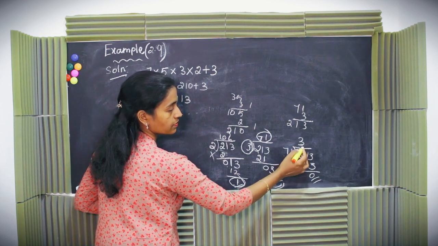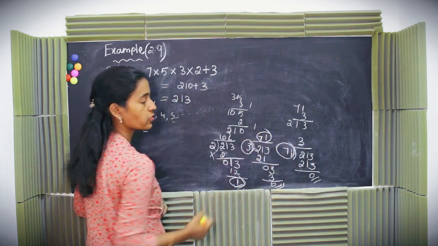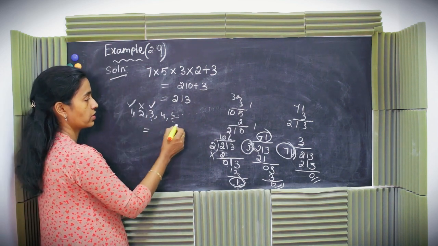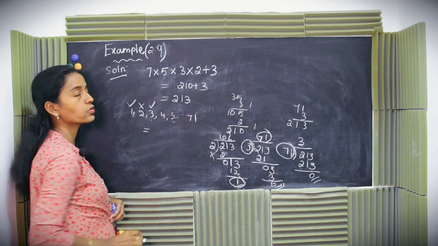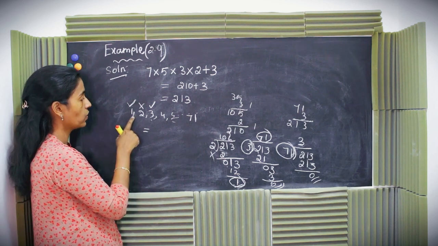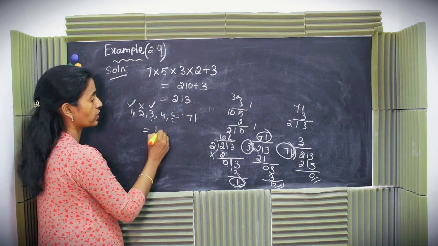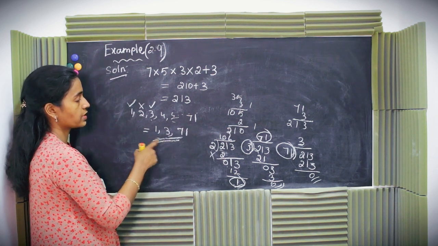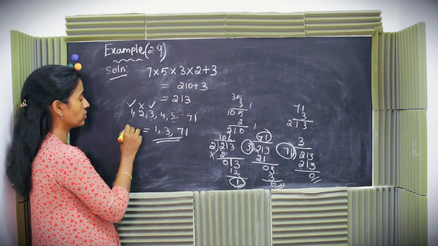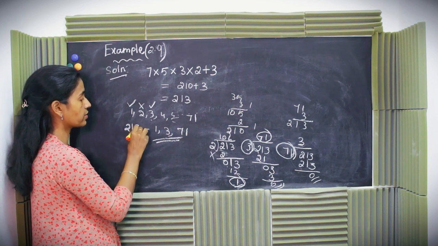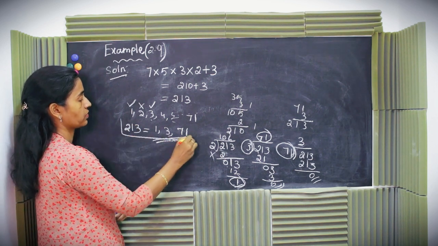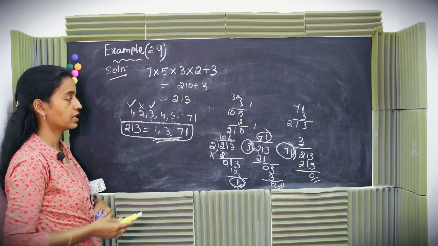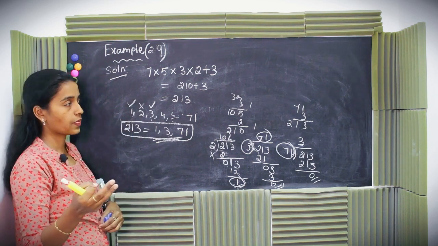So this 71 is also a factor of 213. So in total we have 1, 3, 71. These are all the factors of 213. Right? Here we have 3 factors.